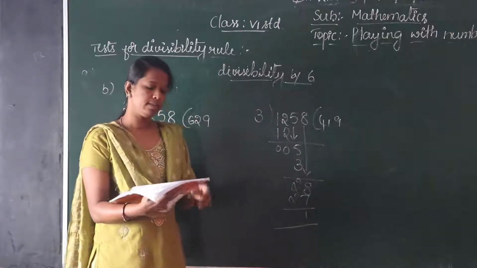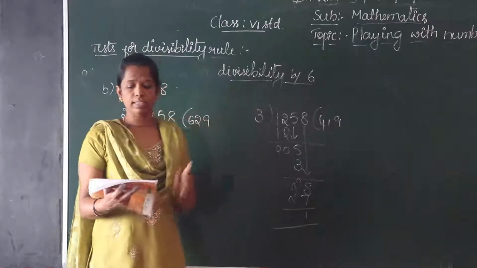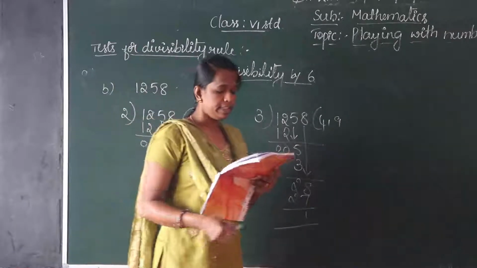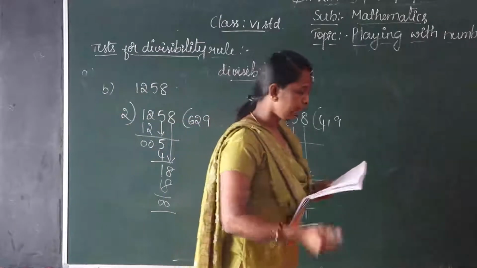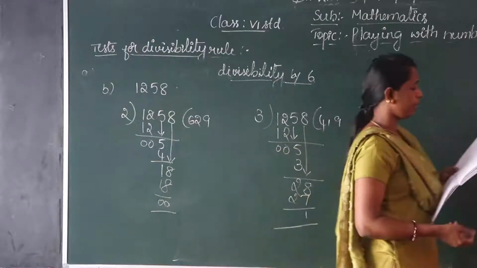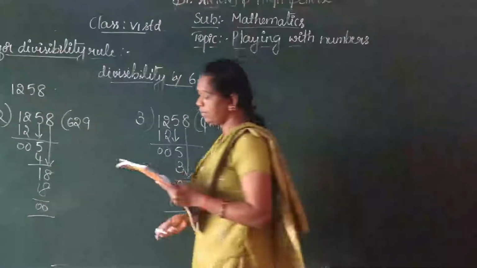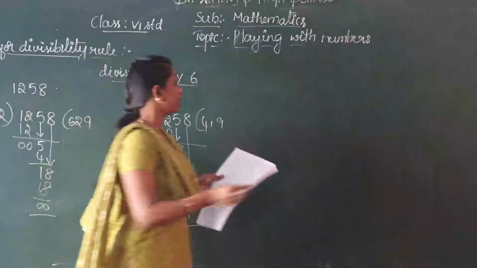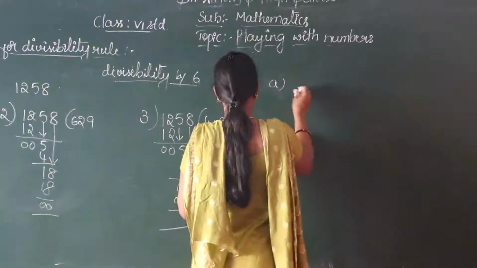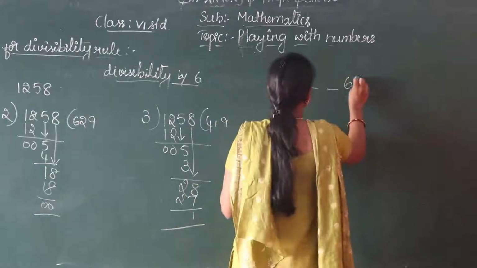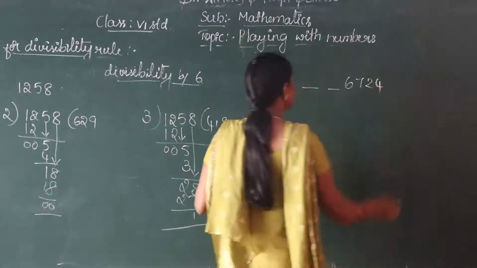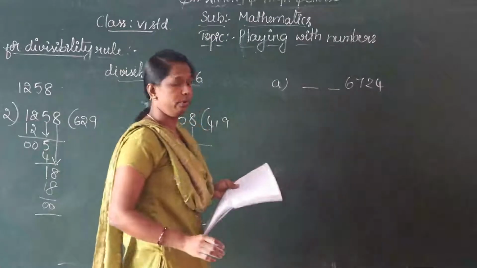In the numbers, for example, write the smallest digit and the greatest digit in the blank space of each of the following numbers so that the number is divisible by 3. Okay. Here we have to calculate the blank space. So here are some blank spaces, but they are given only 6, 7, 2, 4.